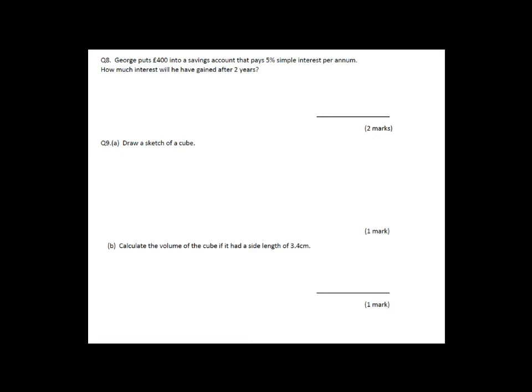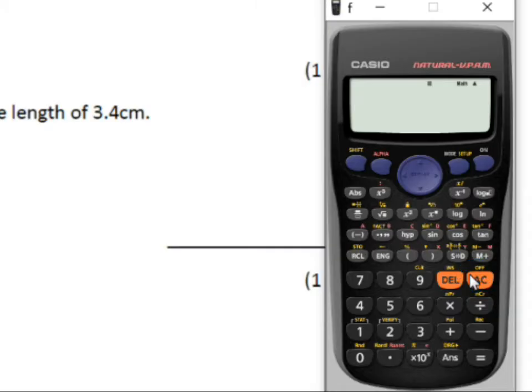Question 8. George puts £400 into a savings account that pays 5% simple interest per annum. How much interest will he have gained after 2 years? So we just need to work out 5% of 400. We could do this on our calculator. So 5, don't forget the percentage, multiplied by the 400.